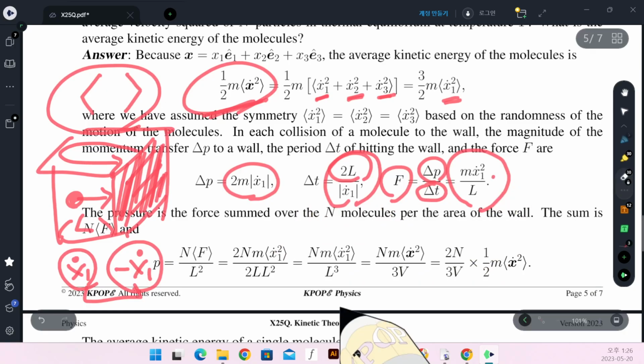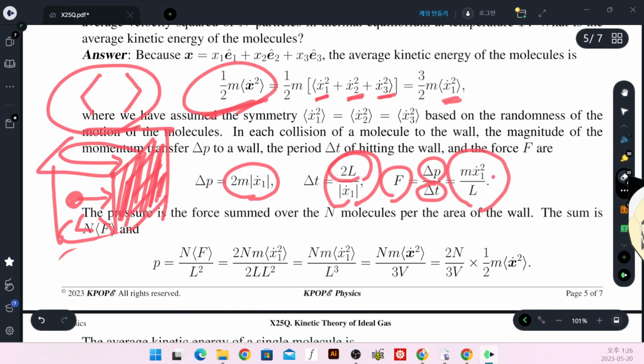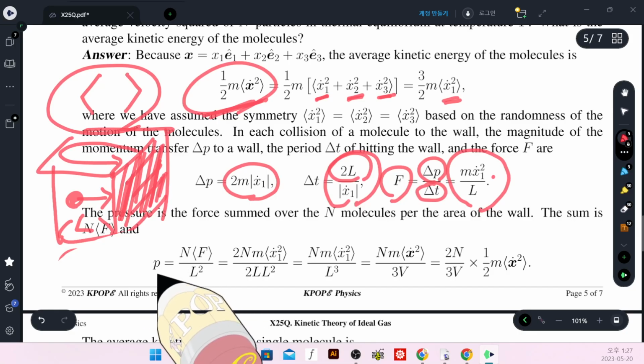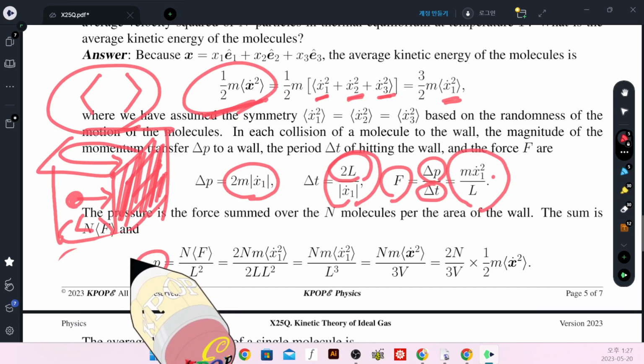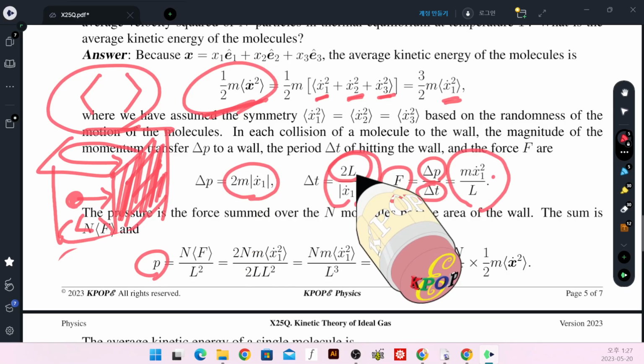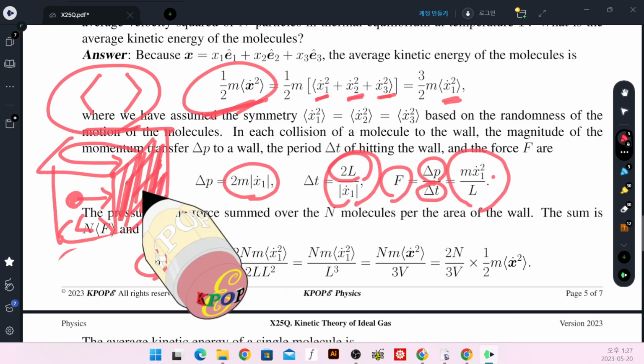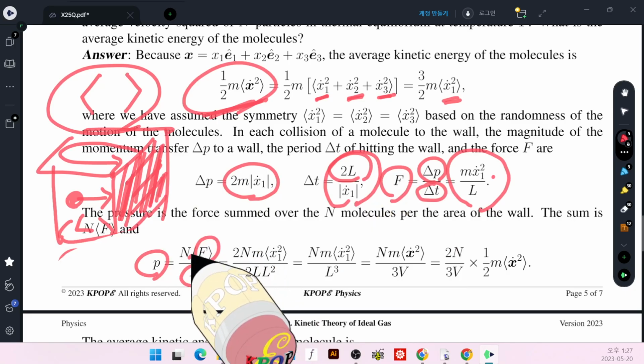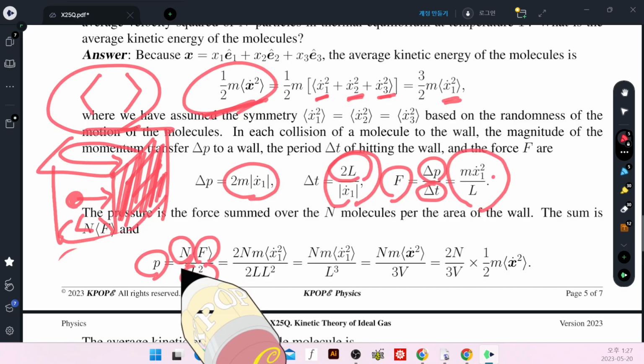Using these results, we can compute the pressure exerted on the wall, that is the average force divided by the area, multiplied by the number of molecules.